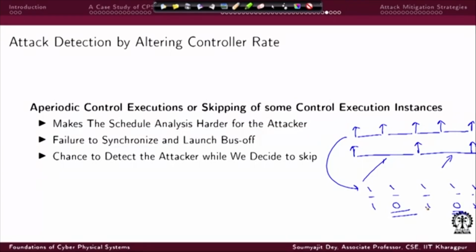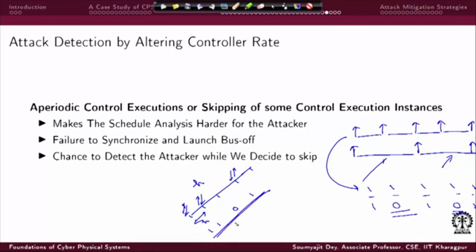Let us say I decide that I am operating at this period h. Here I take the measurement and the update, here I take the measurement and the update, here I do not do anything, here again I take the measurement and the update. So, it is like a binary pattern of 1 1 0 1, and I repeat the pattern.